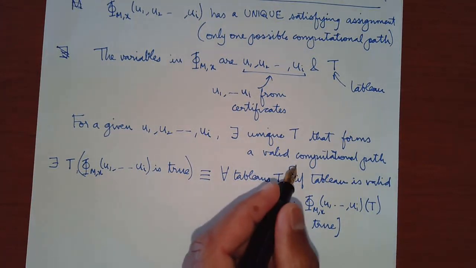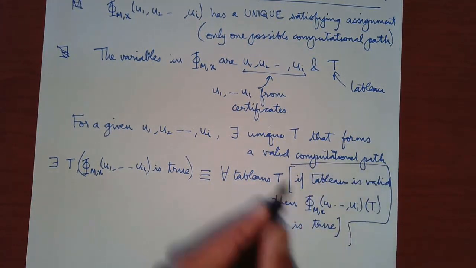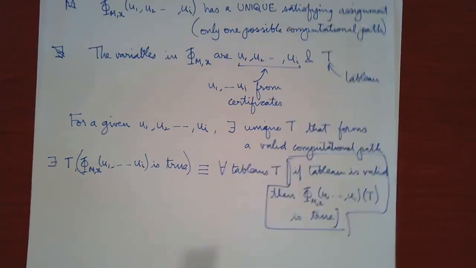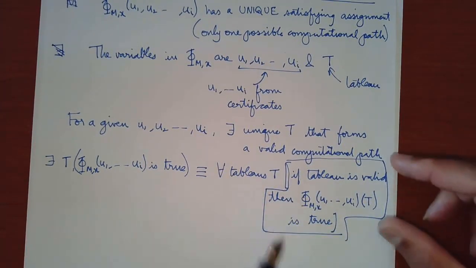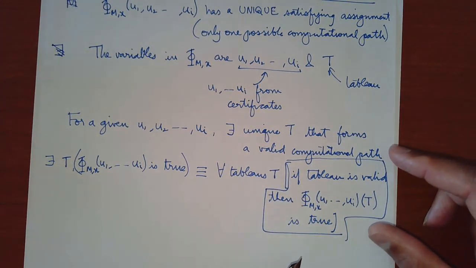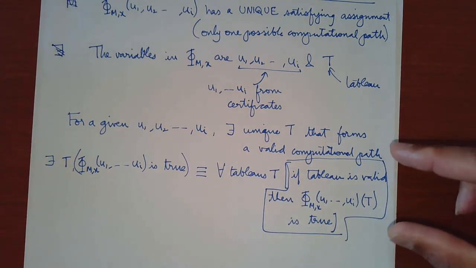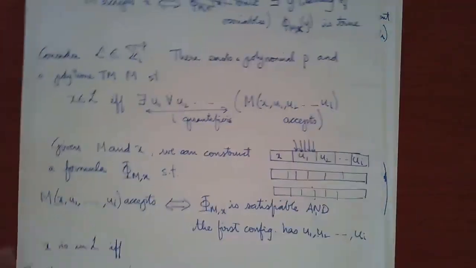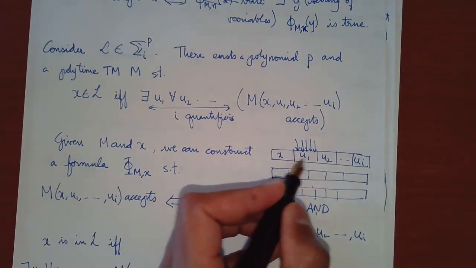What I wrote over here is all about checking that the tableau is correct by checking the various computational paths. It's basically checking, does an entry of the tableau follow from the previous entry?